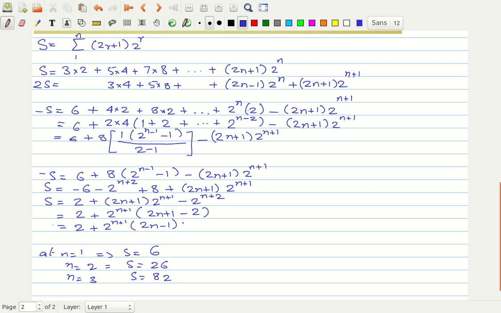And let us see if it is coming out to be 82. We know that this is 2 times 4 are 26, and 26 plus 56 is going to be 82, and therefore our answer is correct. And this is how we can find the sum of n terms.